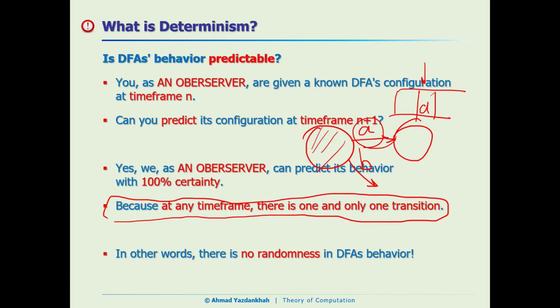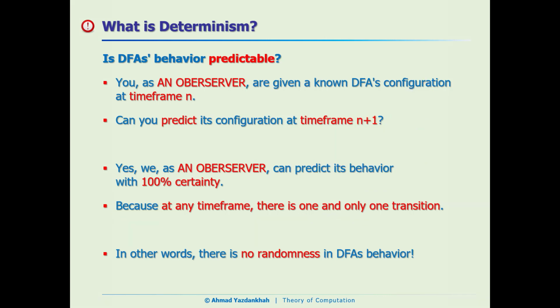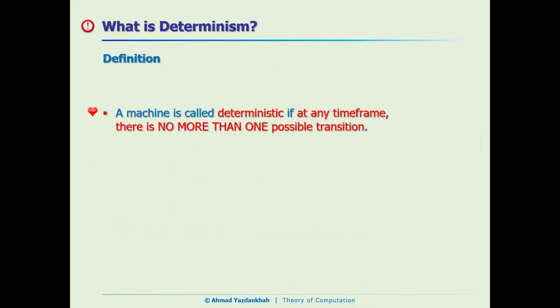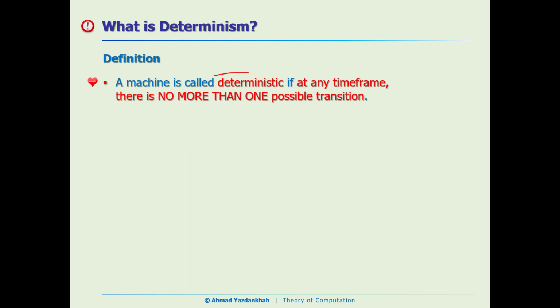And this is the meaning of deterministic. A machine is called deterministic if at any time frame there is no more than one possible transition. Look at this again: no more than one possible transition. It means that it is either zero transitions or one transition at any moment. Why did I add zero here?